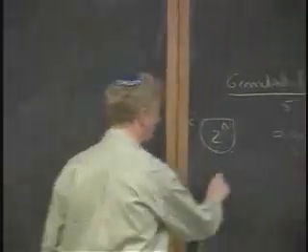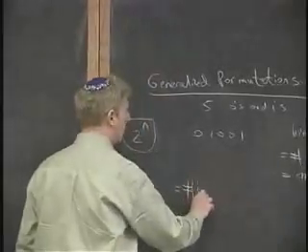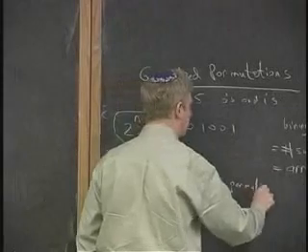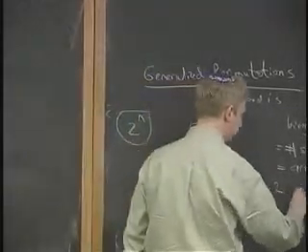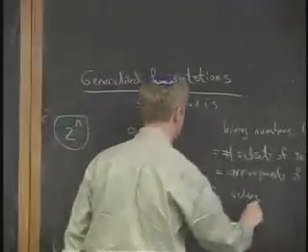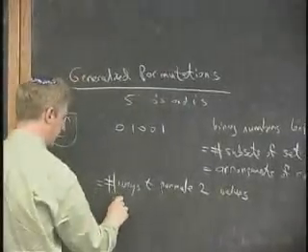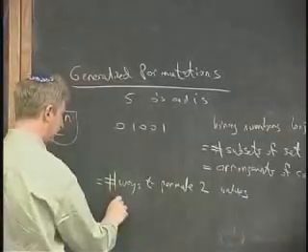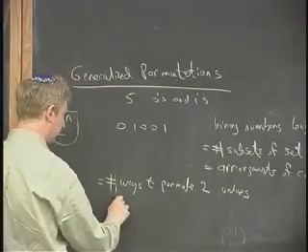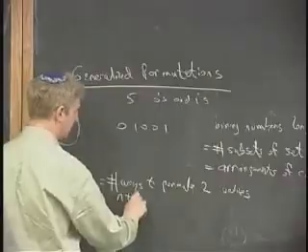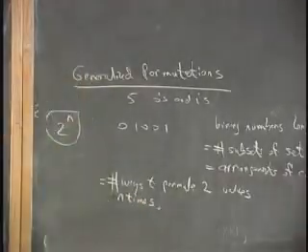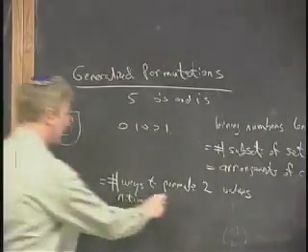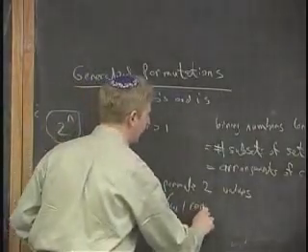We'll say this is also equal to the number of ways to permute 2 values n times. I don't like that, but you got 2 different values. You can permute them n times, and I'll say in parentheses, repetition is allowed.